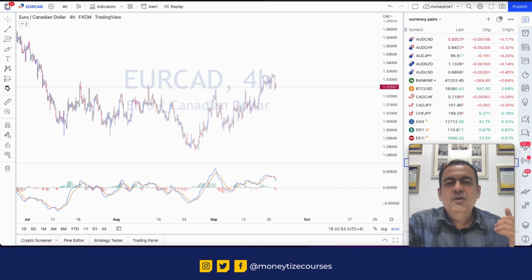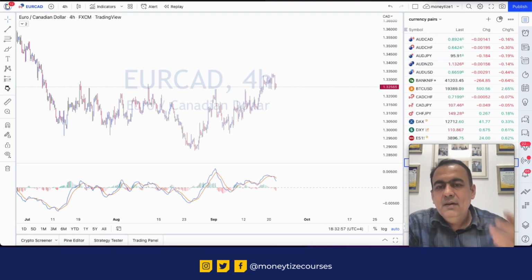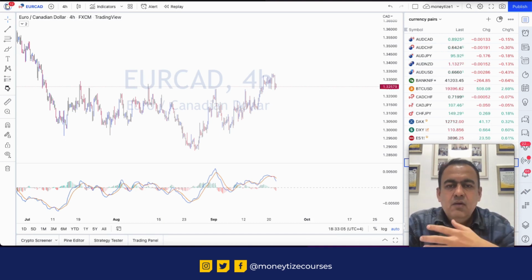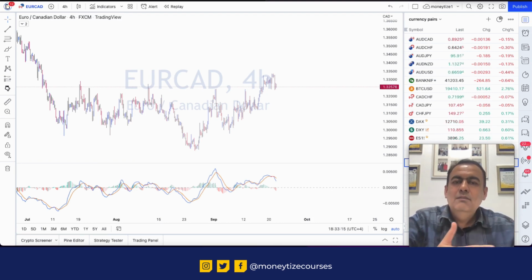So if you keep your stakes very high, if you keep your trade lots bigger than your risk appetite, a couple of bad trades or a series of 4, 5, 6 bad trades will wipe off your entire capital. So there is a very high risk of blowing your account rather than doubling, tripling, or growing it 10x or 20x in a very short span of time.